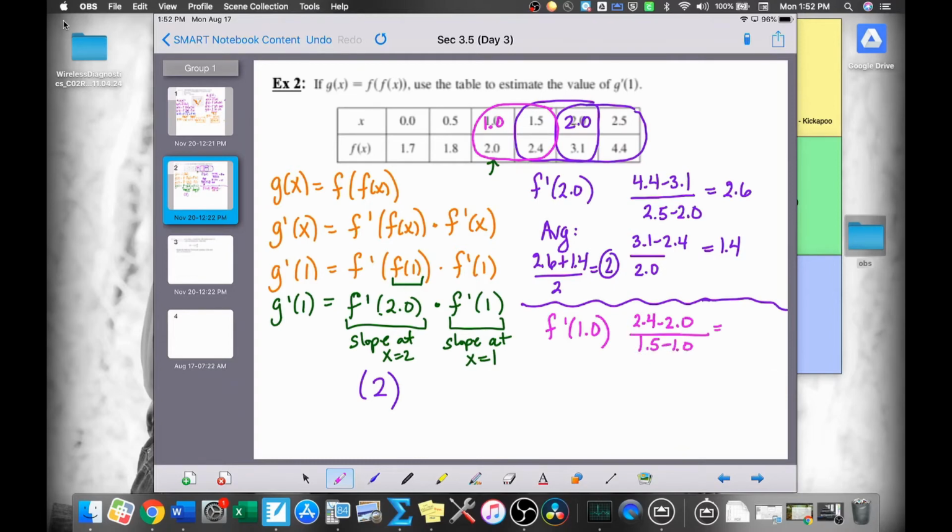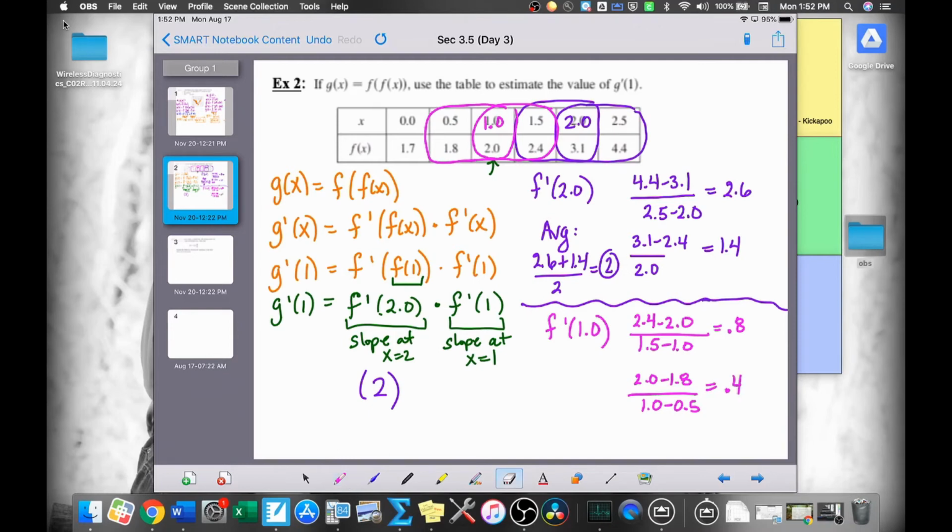You do the math and you get a slope of 0.8. And then my second 2 points that I'm going to use are going to be when x is 0.5 and when x is 1. So 2.0 minus 1.8 divided by 1.0 minus 0.5. And that gives me a slope value of 0.4.